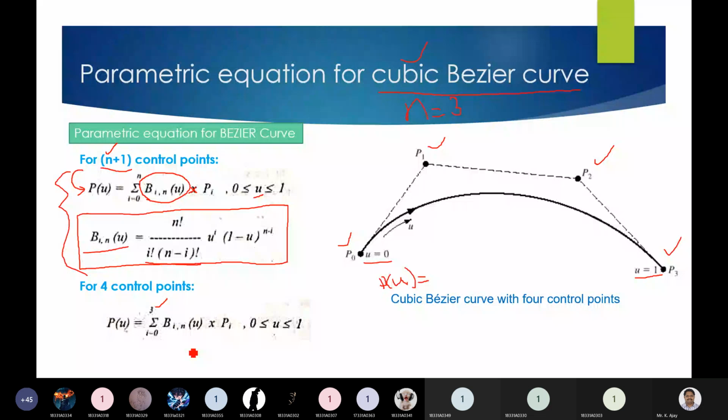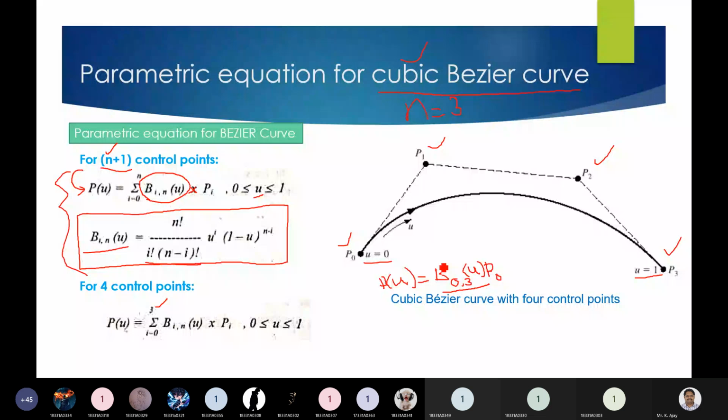So for i is equal to 0, n is equal to 3, we get B 0,3 of u, this is one Bernstein function, multiplied by P i, which means P naught. P naught is one term, whereas B 0,3 of u is another term. This term is a Bernstein function.